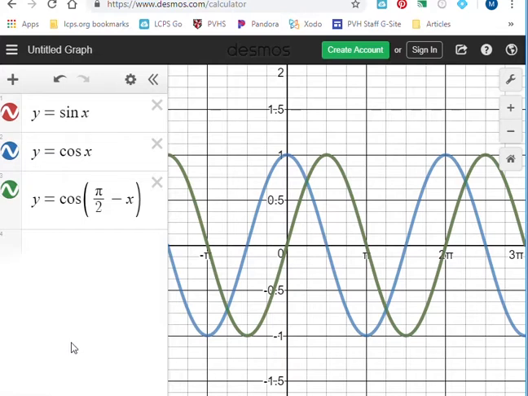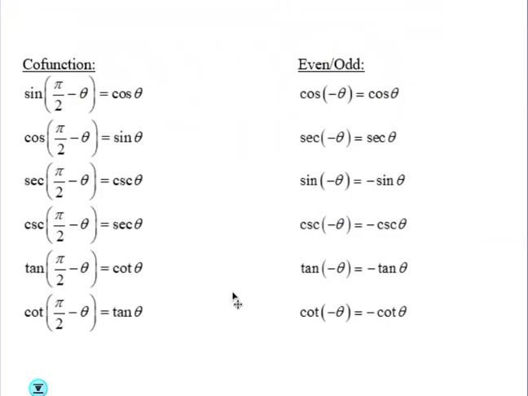And you can look at any of the other cofunction identities and their graphs, and you'll see the same thing, that they are just phase shifts of one another. One memory trick that you can use to remember which functions go together is this is called cofunction. Sine goes with cosine. Secant goes with cosecant. And tangent goes with cotangent.